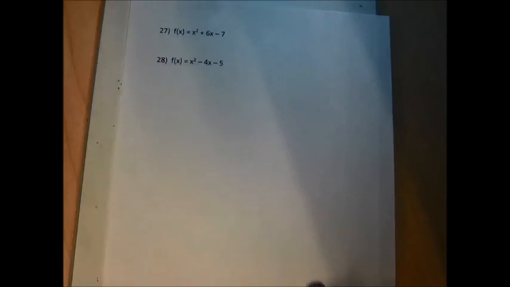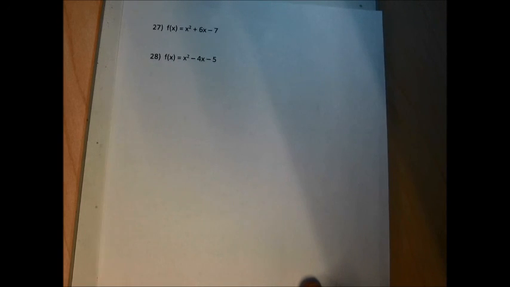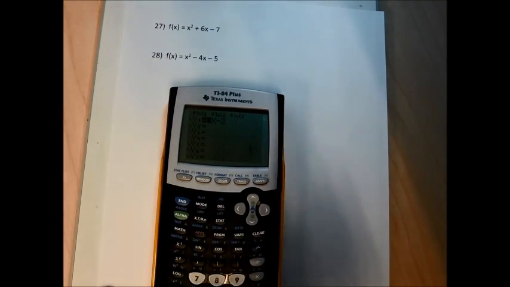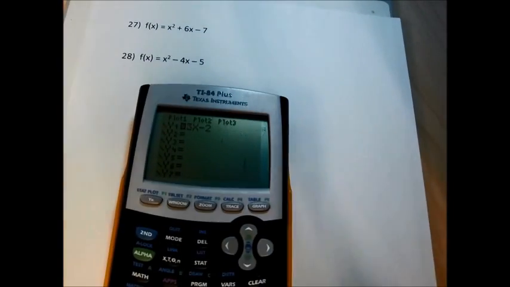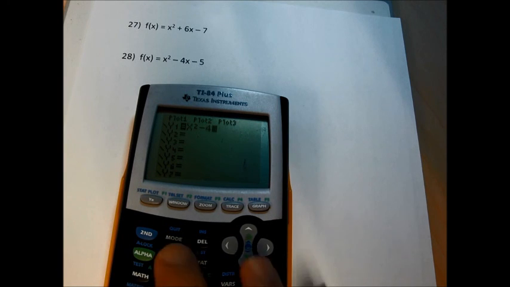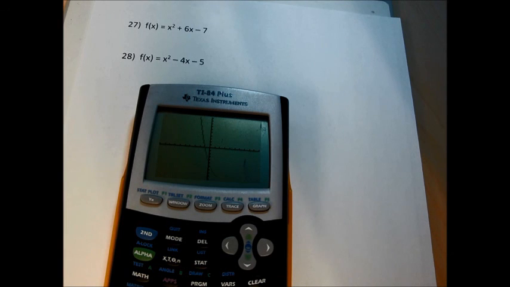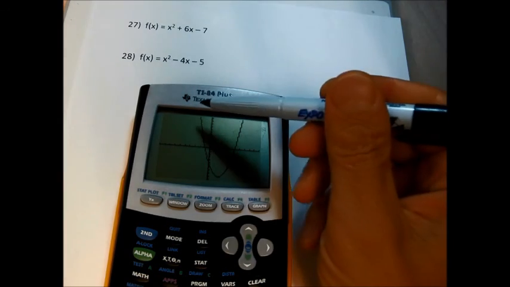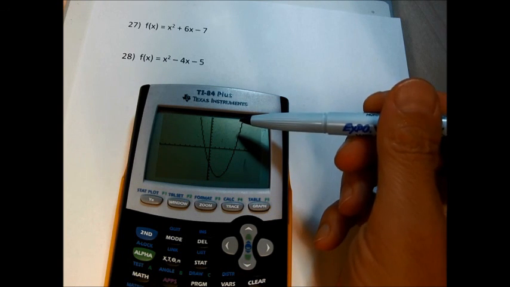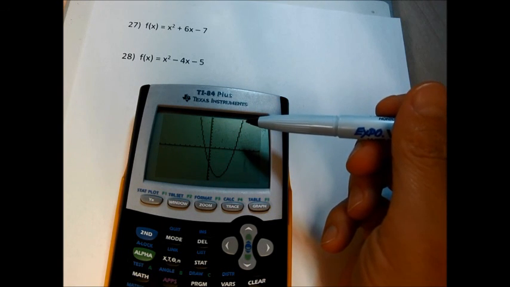Hopefully when you look at 27 and 28, you know what shape the graph is. In 28, it's going to be a parabola. I can graph that on my calculator. So if I graph x squared minus 4x minus 5, you learn how to graph these in some other classes. The graph looks beautiful. It's just a beautiful parabola. I can draw that entire graph without lifting up my pencil, so this is continuous everywhere.